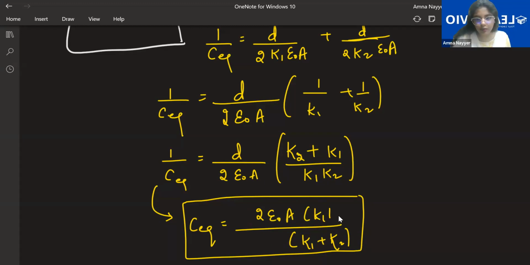So K1 into K2 over K1 plus K2 is there. Now clear, Ubaidullah? I actually wrote the opposite by mistake. Yes, ma'am. Okay, please just make the correction, class. That was incorrect, which I wrote before this. I by mistake took 2 A by D above. Now done.